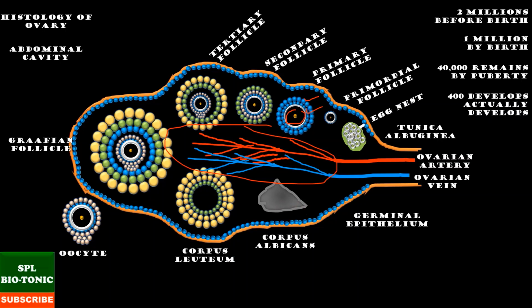So to summarize, ovary is lined by germinal epithelium and tunica albuginea. Histologically, ovary shows outer cortex and inner medulla. The outer cortex shows follicles at different stages of development, and the medulla shows connective tissue containing blood vessels, lymph vessels, and nerve endings.